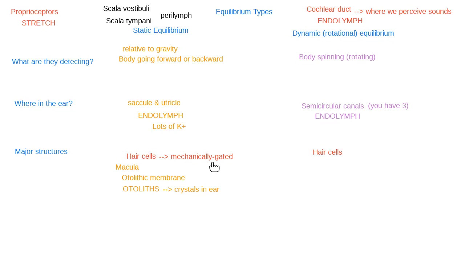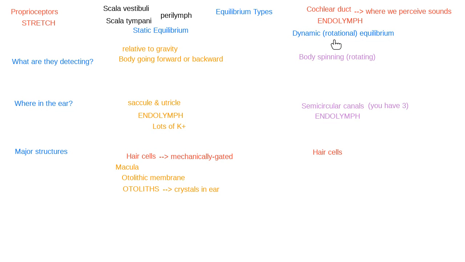Mechanically gated potassium channels, that's the way I'm going to detect whether my head's going forward or backwards. Remember that mechanically gated means it's pushed open. So what actually pushes them open are the movements of these otoliths, the movements of these little crystals.